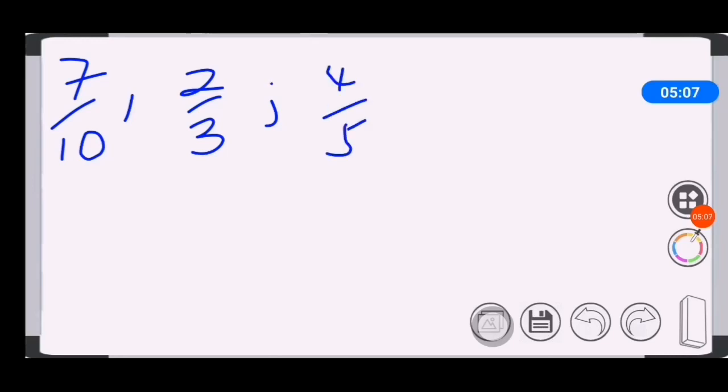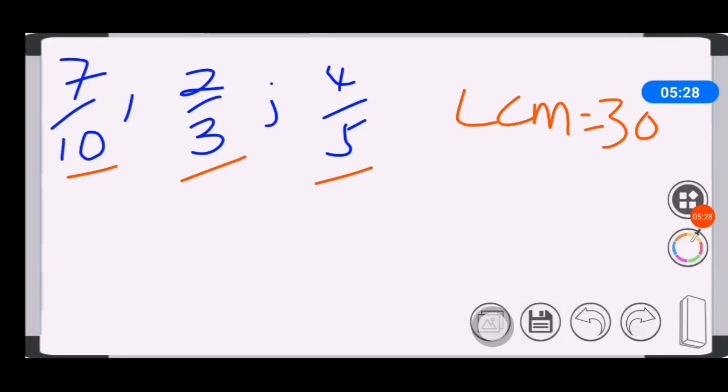What will be the common denominator, the lowest common multiple? Our LCM will be what? 10, 3, 5. Which number can all of them go into exactly without leaving a remainder? I believe you're thinking of it. 30, that is correct. So 30 is our lowest common multiple.